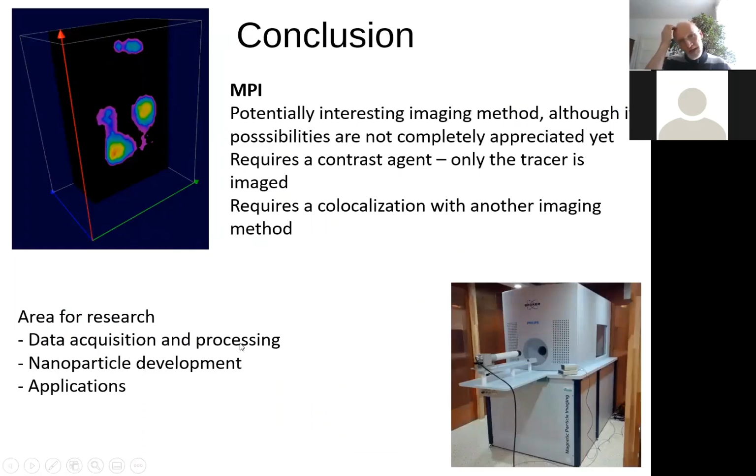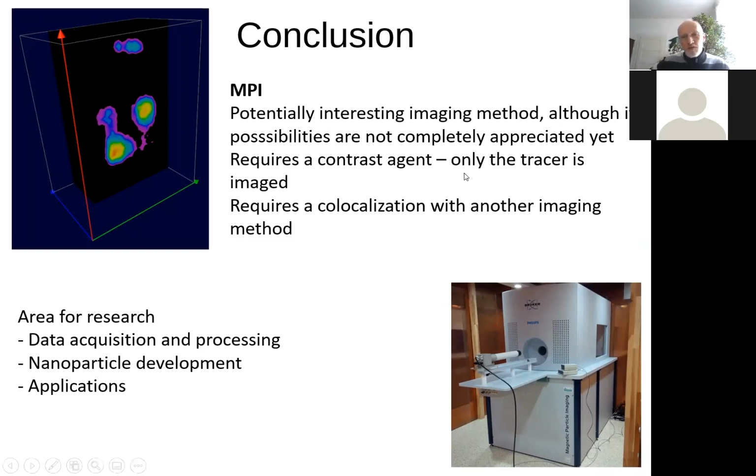So to conclude, magnetic particle imaging is potentially a very interesting imaging method. Also, all the possibilities are not completely appreciated yet. What you should remember, it requires a contrast agent which is based on magnetic nanoparticles, and we image only the tracer.